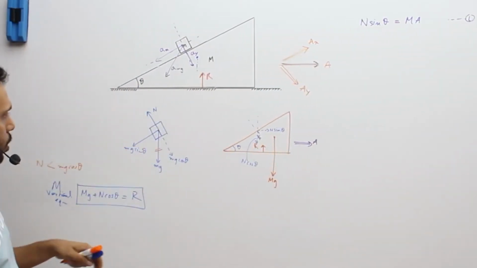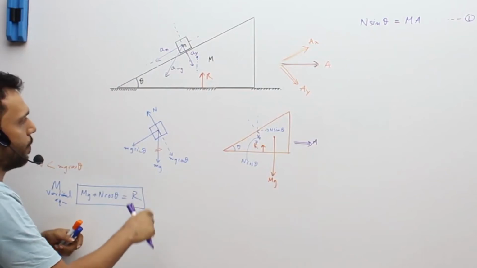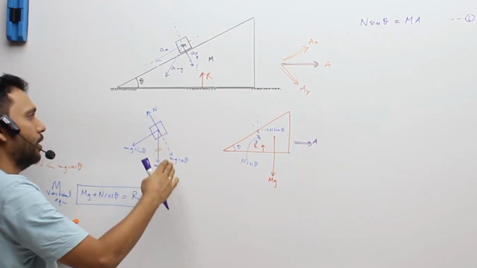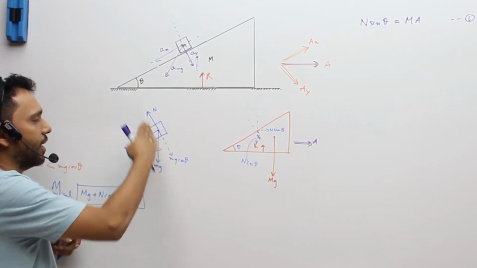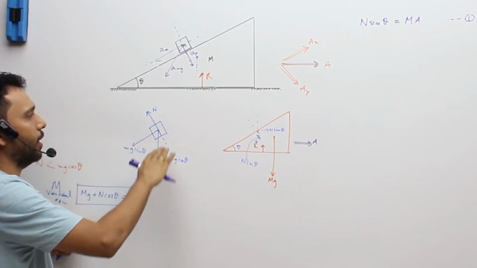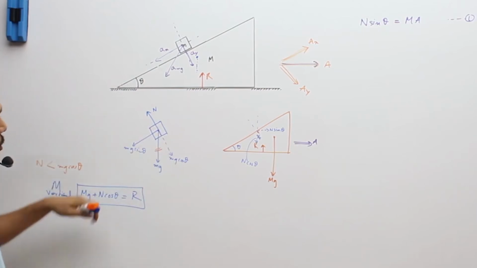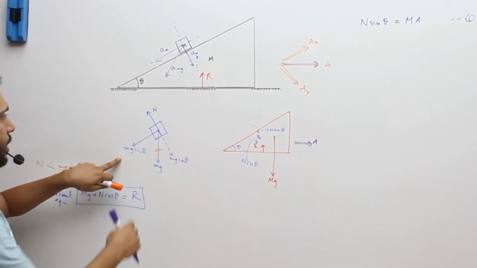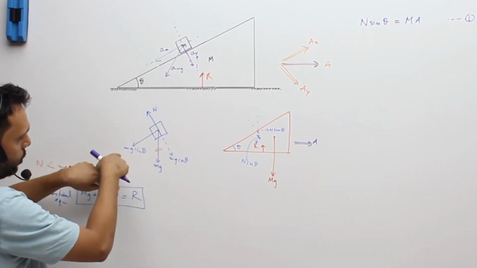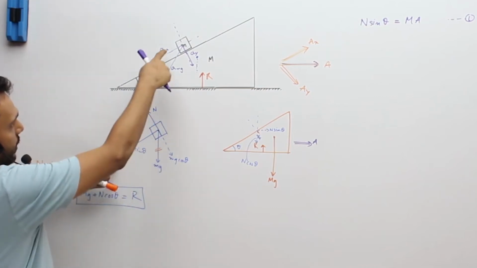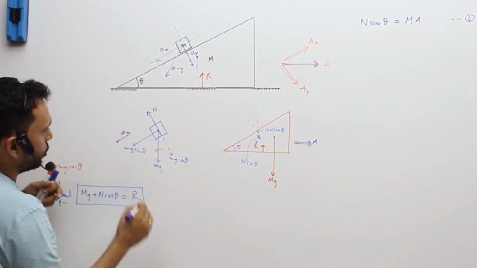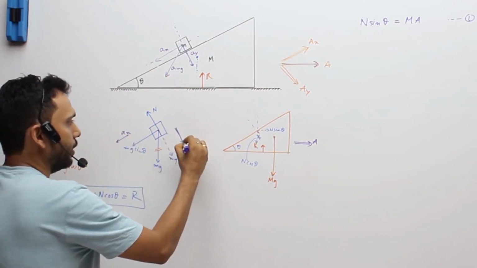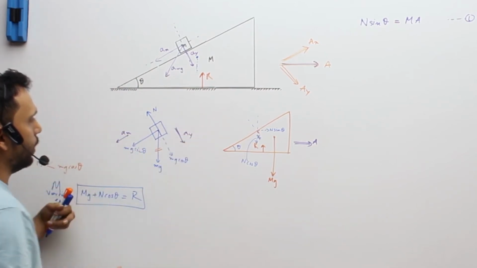Now going on to the smaller block, writing the two equations in the direction 90 degrees to the incline and in the direction of the incline. So first, in the direction of the incline. We have just one force in the direction of the incline, and the acceleration in that direction we have assumed is AX, and 90 degrees to the incline we have called it AY.